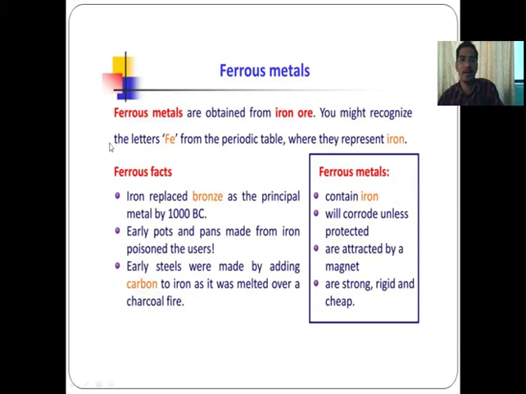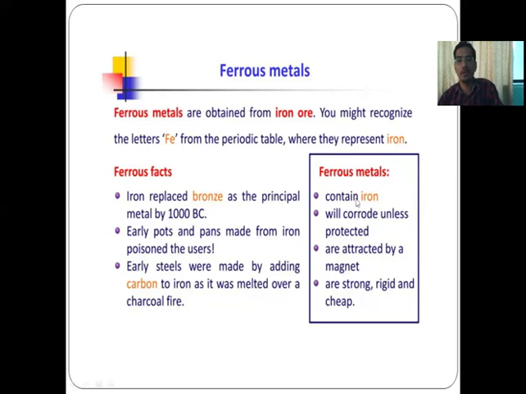You might recognize the letters Fe from the periodic table, where they represent iron. Some ferrous facts: iron replaced bronze as the principal metal by 1000 BC. Early pots and pans were made from iron. Early steel was made by adding carbon to iron as it was melted over a charcoal fire.